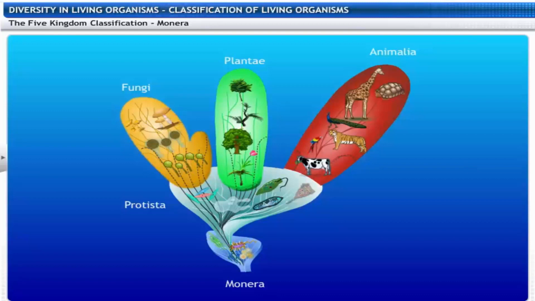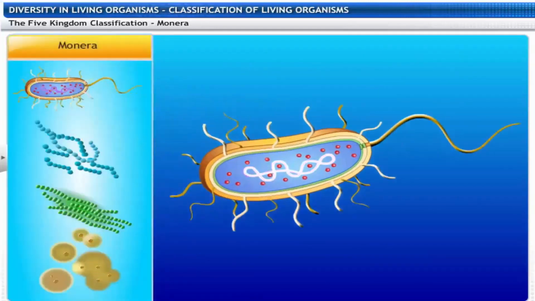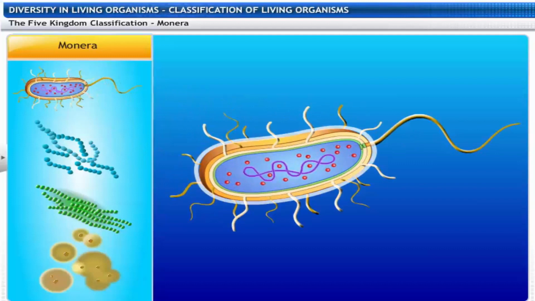Now, let's take a good look at the 5 kingdoms. The kingdom Monera includes prokaryotic cells which lack organized nucleus and membrane-bound cell organelles.